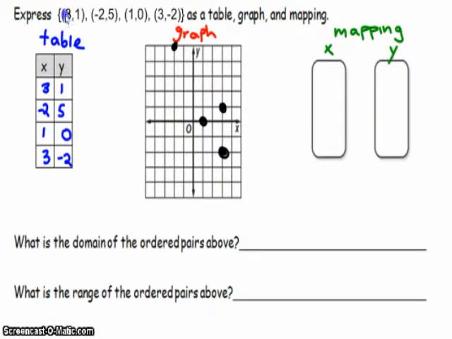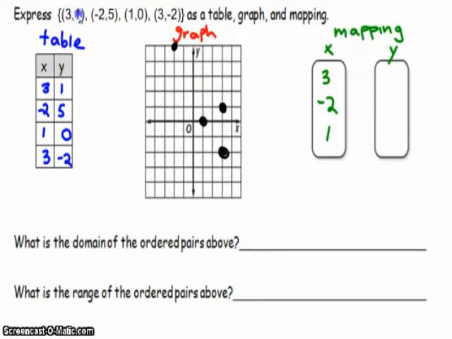In my x column, I have 3, negative 2, 1, and 3. Notice that I have 2 x's that are 3's here. I only want to write one 3 though, because the 3 repeats. So I'm only going to write 3, negative 2, and 1. Again, don't repeat any values that are shown twice.